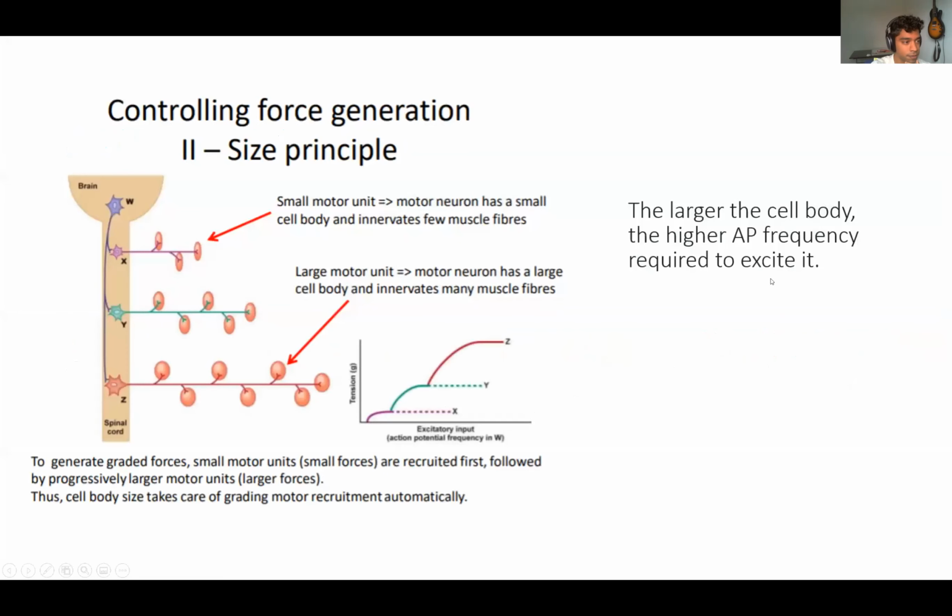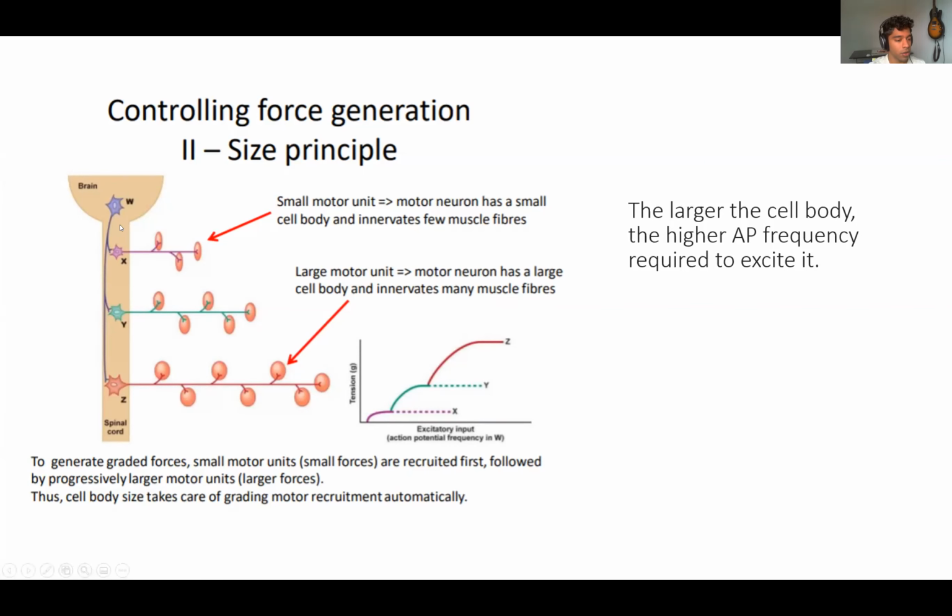So the size principle, it took me a while to understand this, but basically, with these motor units, neurons with smaller cell bodies require a lower frequency of action potentials to excite them. The ones with bigger cell bodies require a higher frequency of action potentials to excite them. That way we can control how much power or how much tension our muscle is exerting.